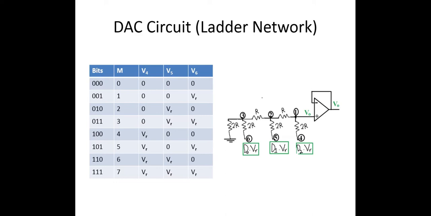As you can see from the table, we are discussing a 3-bit digital to analog converter. However, this concept can be extended to an n-bit digital to analog converter. Similarly, when the binary number is 0, 0, 1, V6 is equal to VR and the rest of the voltages are equal to 0.